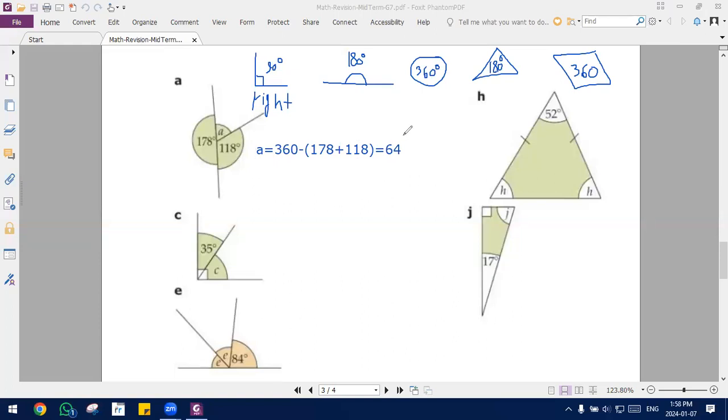No, because we have to put degrees. So 64 degrees. So this is the value of A. If I need to make sure that my answer is correct, you add 178 plus 118 plus 64. The answer must be 360. Why? Because it's a full circle.